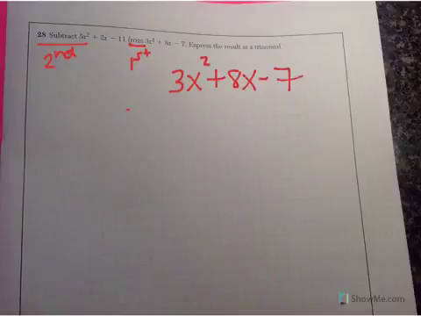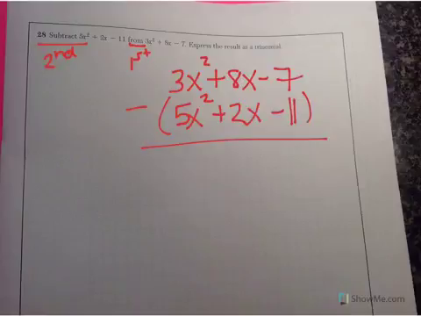And you're subtracting this 5x squared plus 2x minus 11. And there's a reason I put this all in parentheses. This subtraction is happening to everything inside the parentheses. So you could also think of it as really a -1 that is just distributing to each term here.